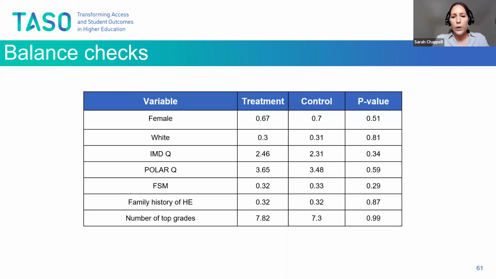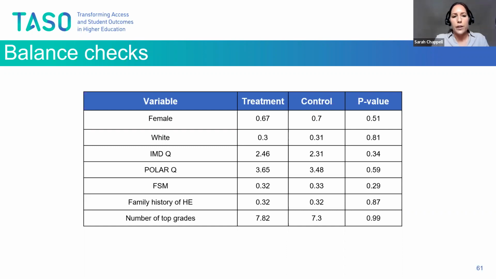This column on the right represents the p-value, which is looking at significance. If this p-value was significant, so lower than 0.05, then it means there's a significant difference between our treatment and control groups. That's what we don't want, but we can see here that none of our p-values are at that level. So on the whole, we're fairly evenly distributed between our treatment and control groups.